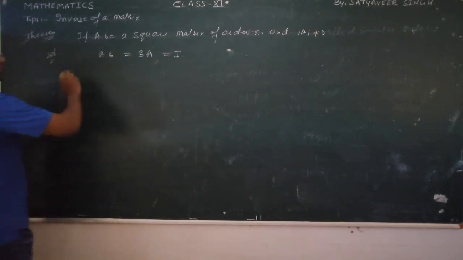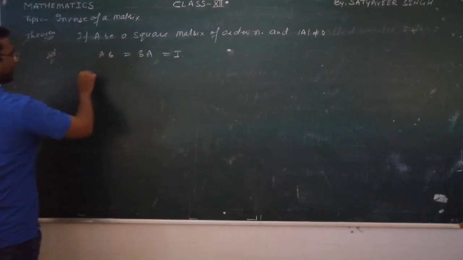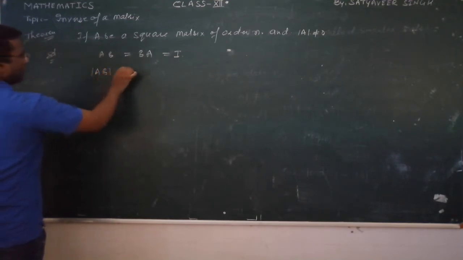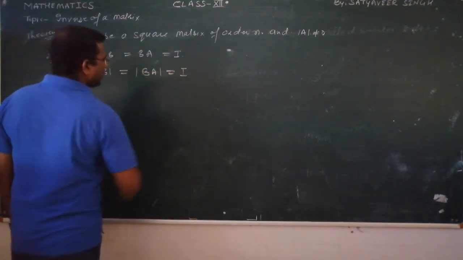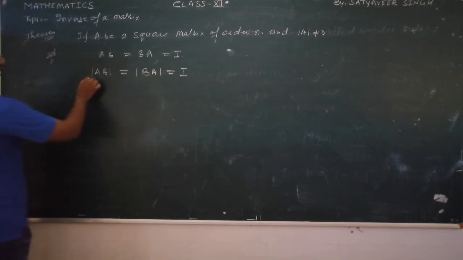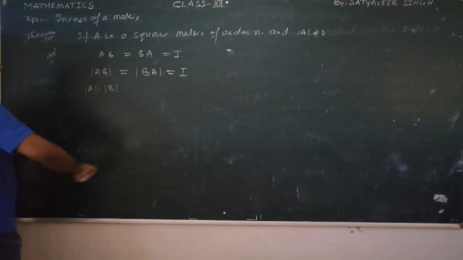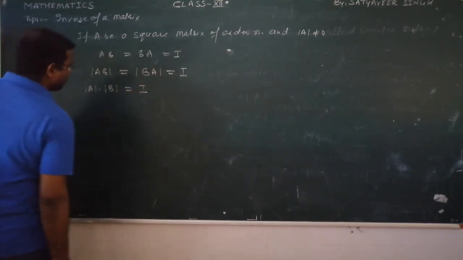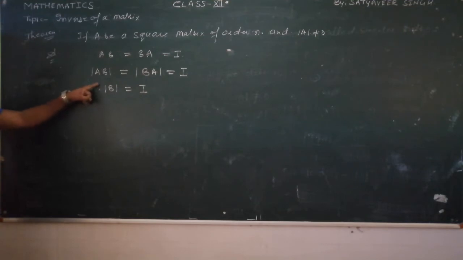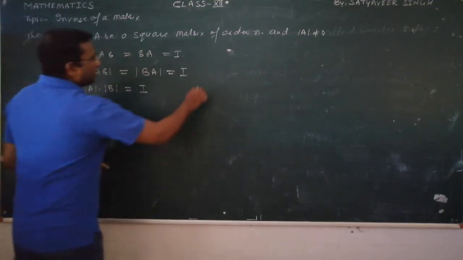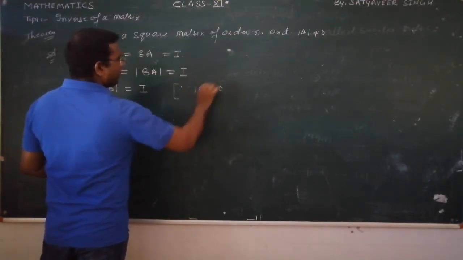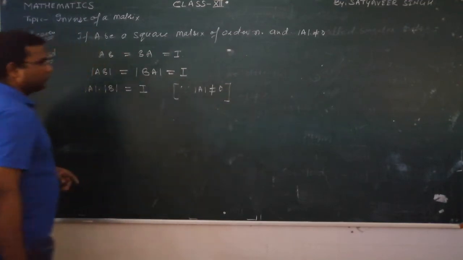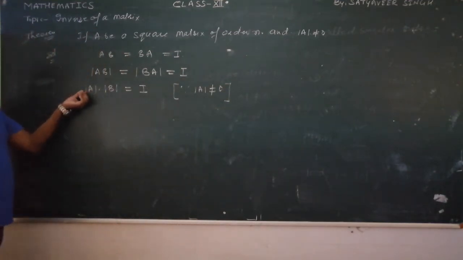Previously we have discussed this. See student, determinant of AB, determinant of BA is equal to I, and determinant of AB you can write as determinant of A into determinant of B. This is also equal to I. Since determinant of A we are saying is not equal to 0, or if it is 0, then what happens?